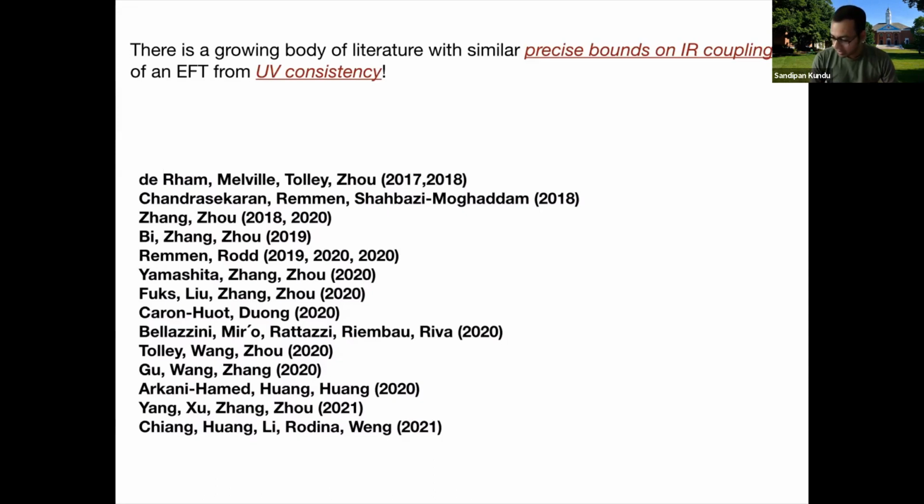Another interesting thing is that most of these bounds, in fact almost all of these bounds, are rather recent, from 2017 or after that. That's because a lot of new tools have been developed in the last couple of years.